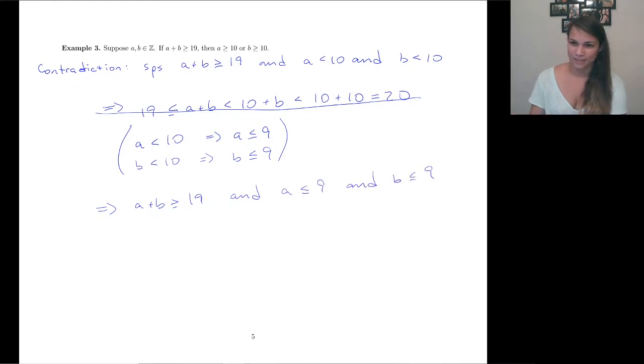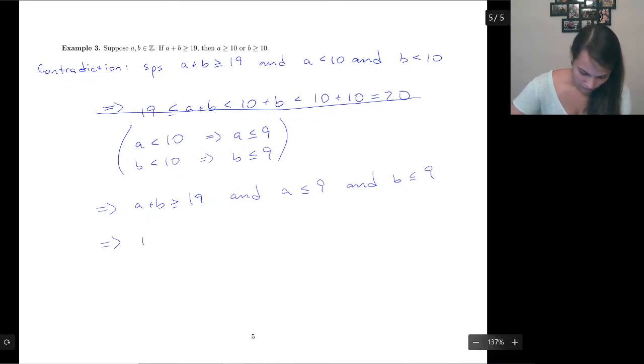Let's try this. So then we've got 19 is less than or equal to a plus b, which is less than or equal to 9 plus b, less than or equal to 9 plus 9. Oh, there we go.